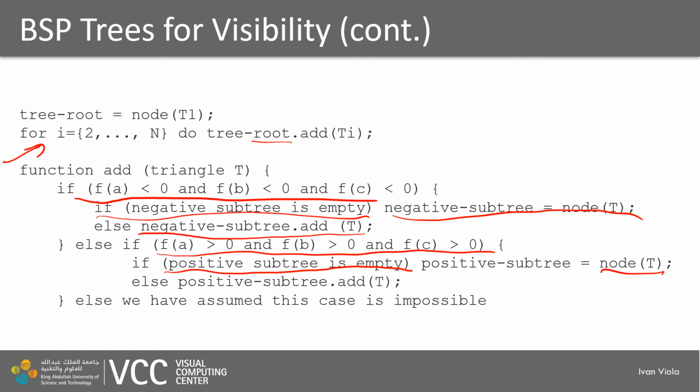And otherwise, it means that there are triangles for which there is a mixed sign between FA, FB, and FC, then we will need to do something else. And we have assumed that this case is impossible, so that there has been some subdivision of such problematic triangles happening before.